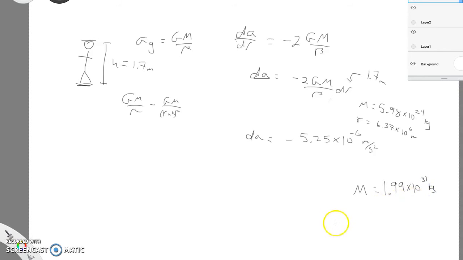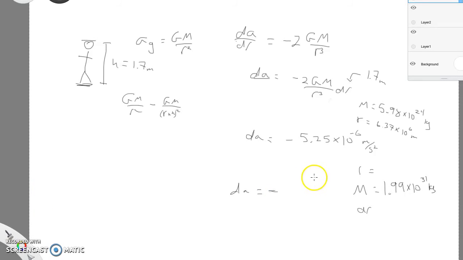Given this, I want to know what the acceleration from gravity would be in that case. Let's use the same value for r and the same value for dr, and find what dA is going to be equal to. So not the acceleration, but the difference. Go ahead and find dA, given you're floating outside of this black hole, or being sucked into it.